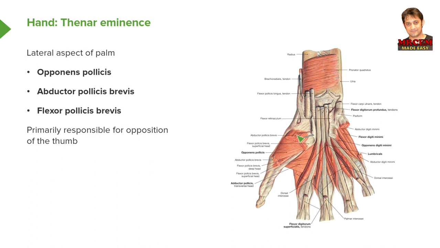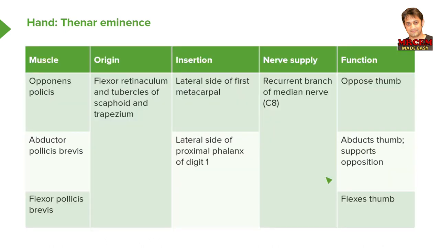And then more laterally, we have Abductor pollicis brevis. So we can see Abductor pollicis brevis here, and we can see where it's been cut here. You also have a slightly deeper head to Flexor pollicis brevis, and we can just make that out deep. It's at the same plane as Opponens pollicis. So these are the 3 muscles that are within the thenar eminence.